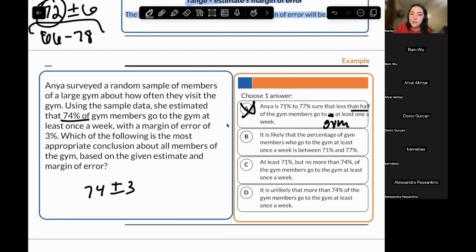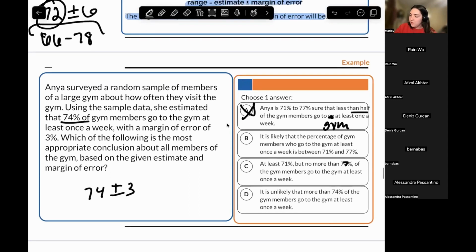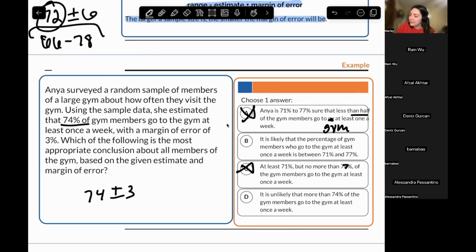Also, if it said but no more than 77, that would still have been wrong. It's likely that the percentage of people that go is between this. It could be 70, we don't know. We're just saying that with our margin of error, we assume it would be in this range, which is why it's B. D, again, is using that number as very definitive. That's why we wouldn't want to choose something like that.